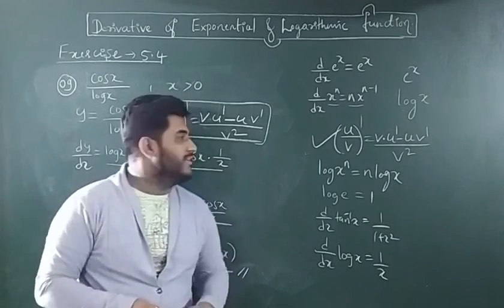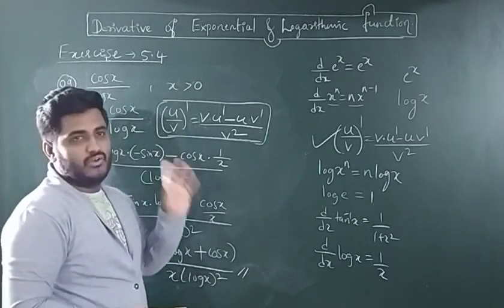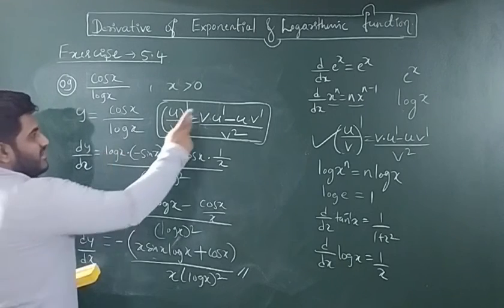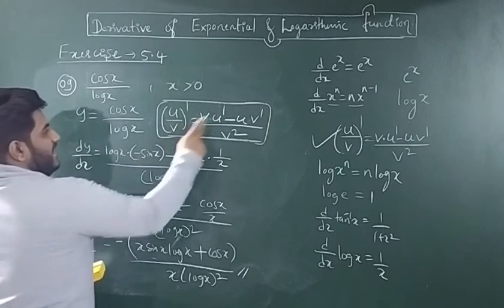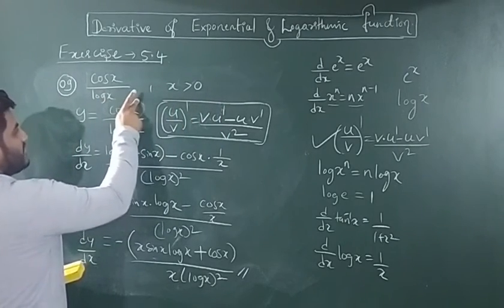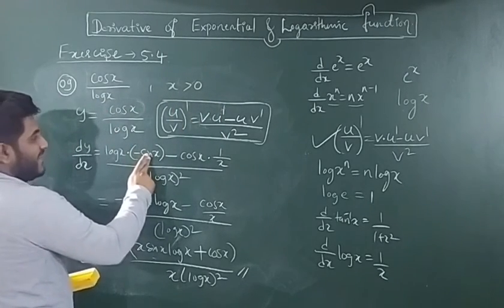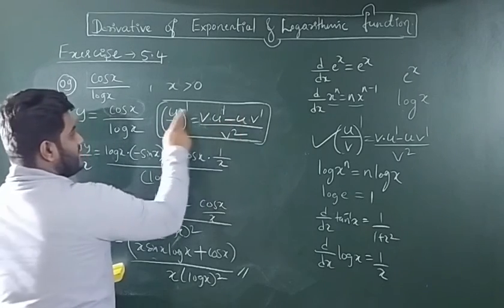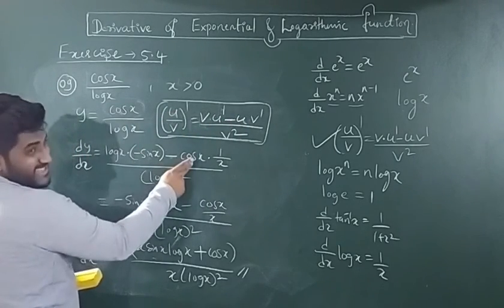I hope you got the point here. So we have used the quotient rule. Whatever the denominator is, treat the denominator as it is. In the formula, v as it is, vu dash means numerator differentiation. What is the numerator here? Cos x. So cos x differentiation is minus sin x. Minus, I have kept u as it is. U means numerator as it is, cos x as it is here.